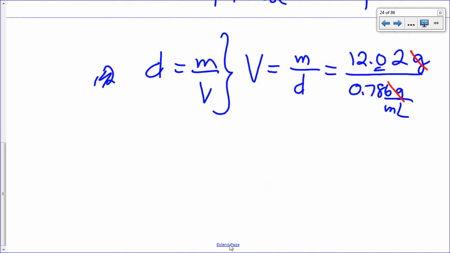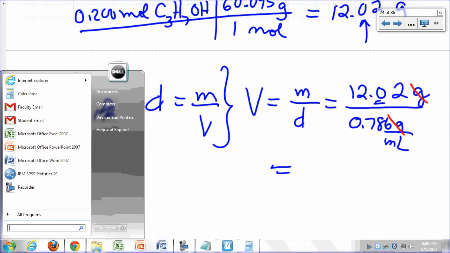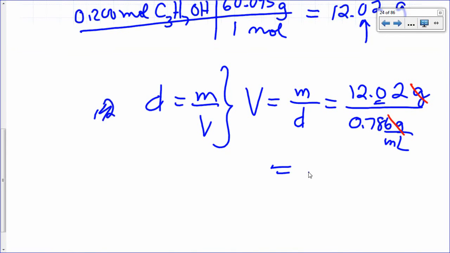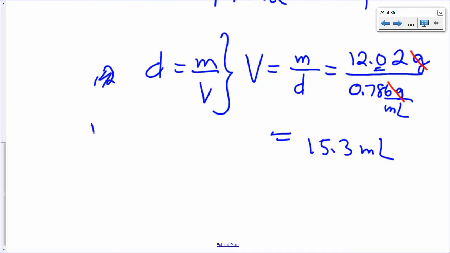And that should give you how much? 12 divided by 0.786 is 15.29, 3 sig figs, so that's 15.3 milliliters. So what I'll need to do is find a volumetric flask, a container that can hold 2 liters.